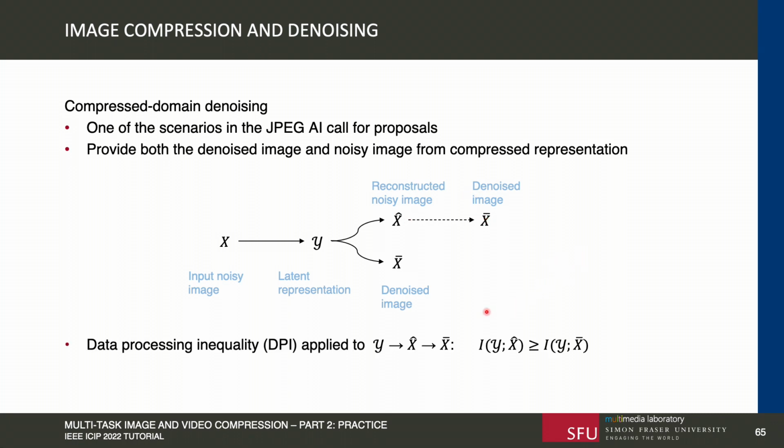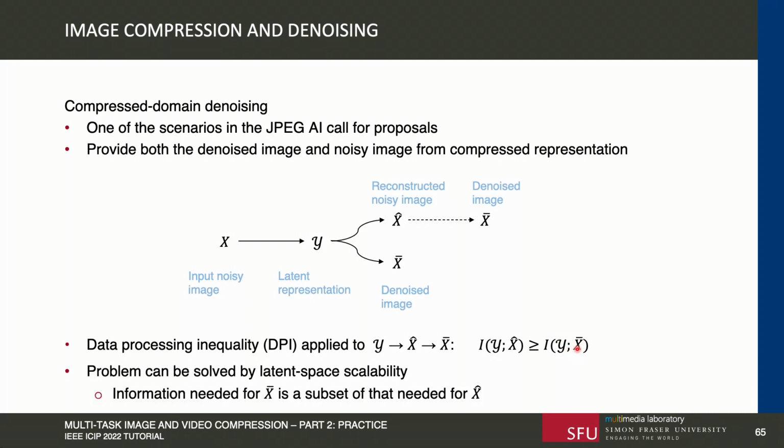So we have Y to X hat to X bar being a Markov chain, and the data processing inequality says that the information about the noisy image contained in the latent space is greater than or equal to the information about the denoised image. And so what this means is that we should be able to structure our latent space in such a way that the full latent space allows reconstruction of the noisy image, but only a subset of that latent space is dedicated to the denoised image.